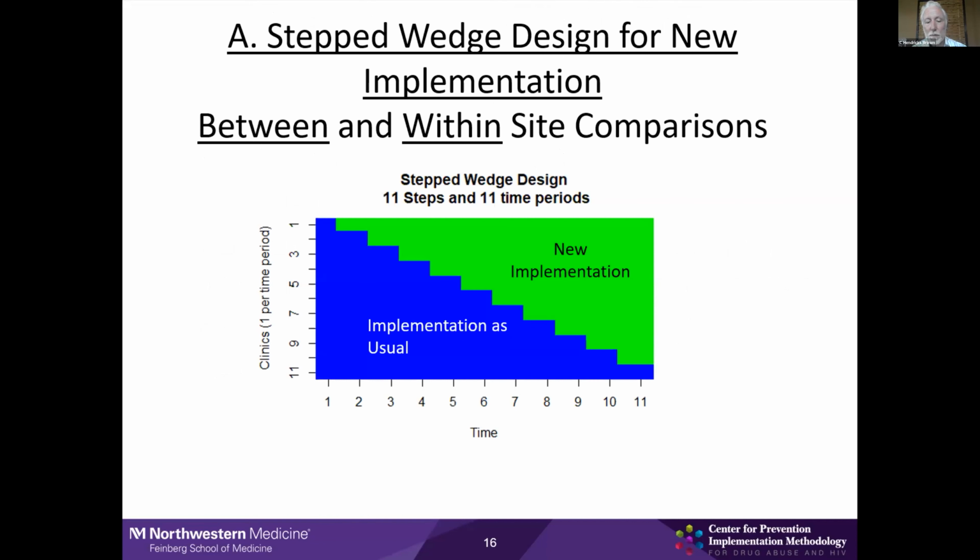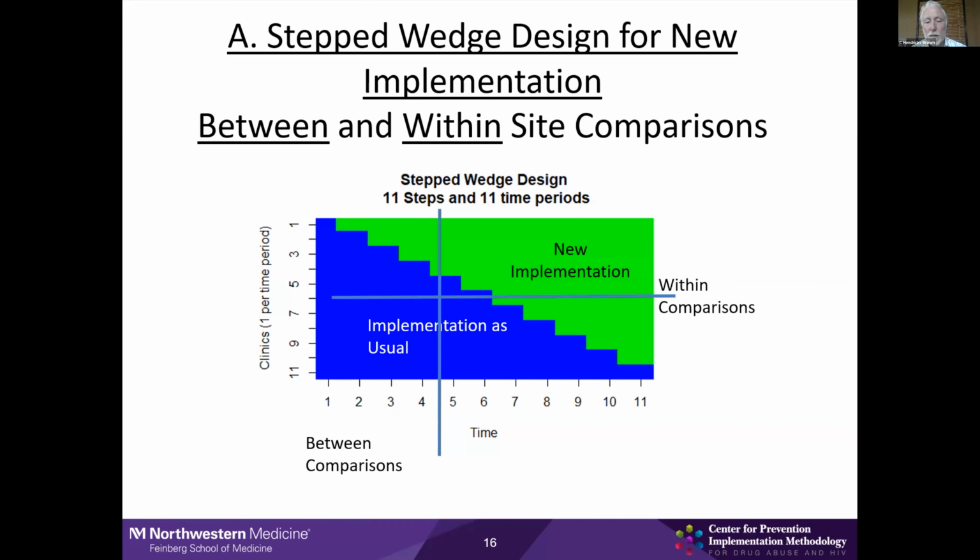So this is what a stepped wedge design looks like. The blue is implementation as usual, what's around at the beginning. And the green is the new implementation strategy. Here we have 11 steps conducted at 11 different time points. The vertical line says that at each time point, we have the ability to compare a set of units, that is clinics or other conditions, where some of them are in the implementation as usual condition and the others in the new implementation condition.